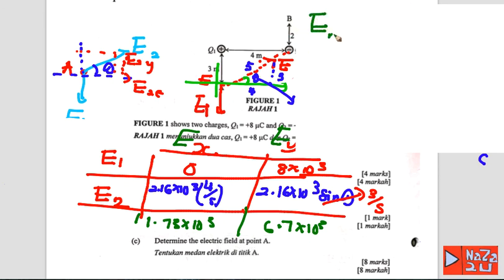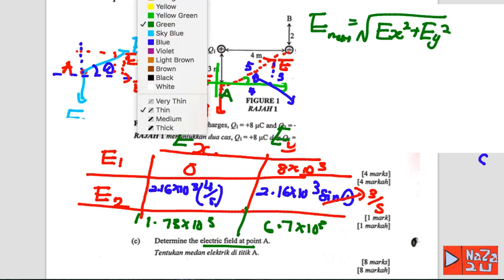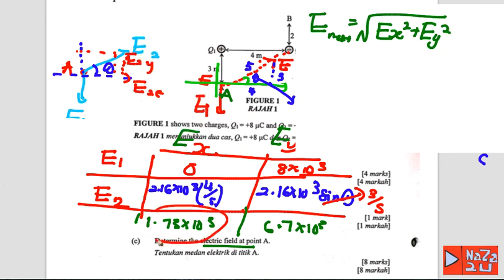So the net or total electric field at point A is equal to the square root of EX squared plus EY squared. Now you can use the value of EX, 1.73 times 10 to the power of 3, and EY, 6.7 times 10 to the power of 3.